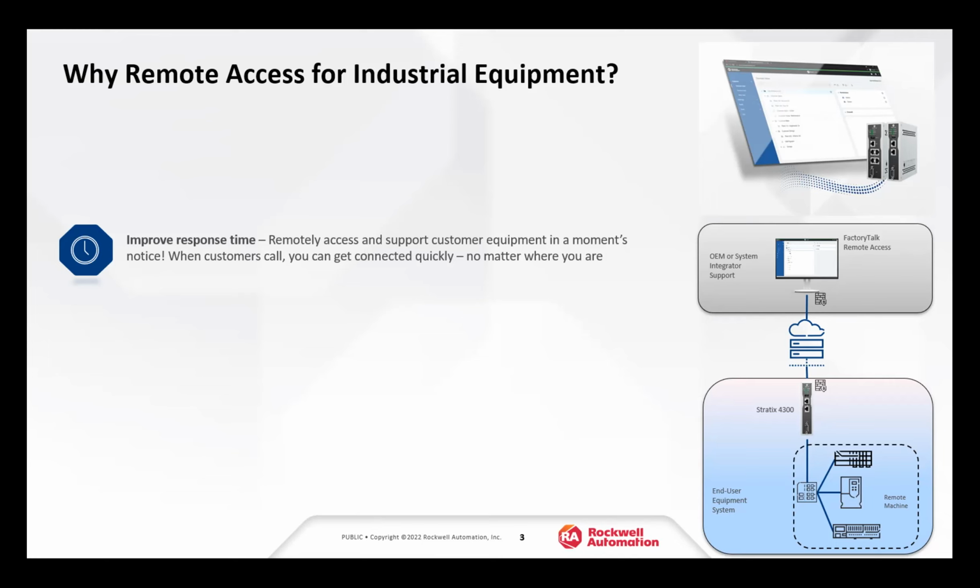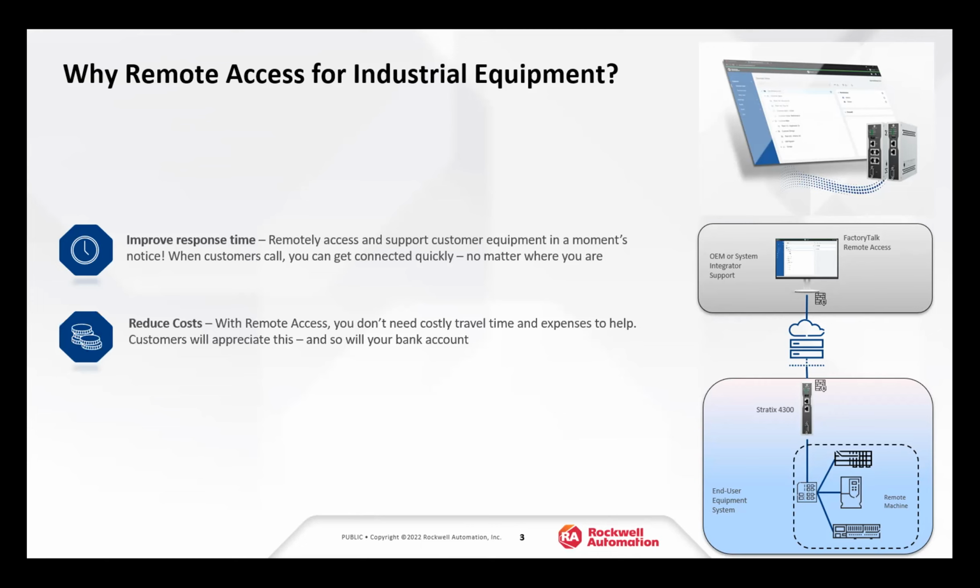The other thing is it'll reduce your costs for travel. If you're an OEM where you still have a piece of equipment under warranty, instead of having to have the expense of going out and doing a call to maintain that equipment, you can put the remote access in there, and now you save those costs on travel expenses.